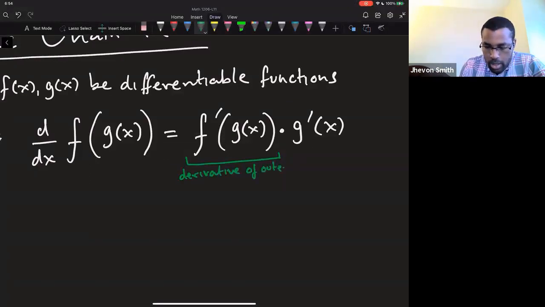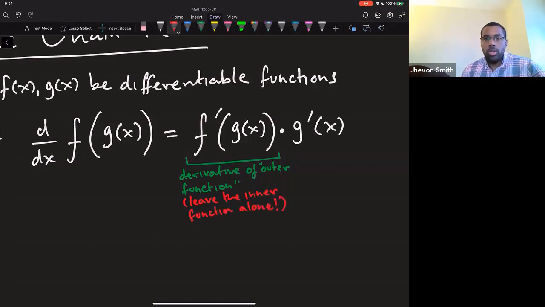So this is the derivative of the outer function, and leave the inner function alone. Right? Don't do anything to the g.